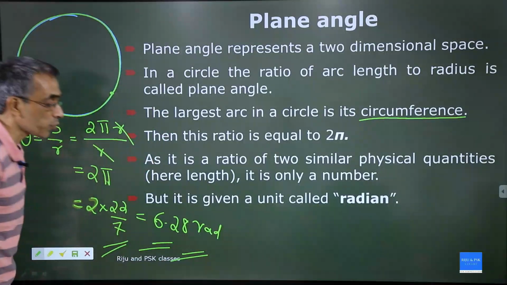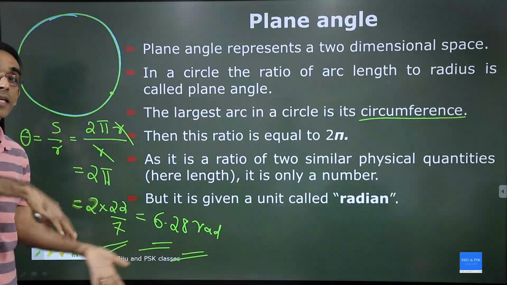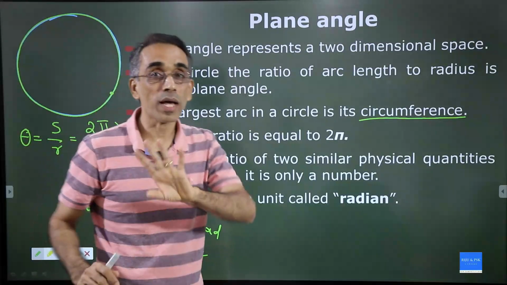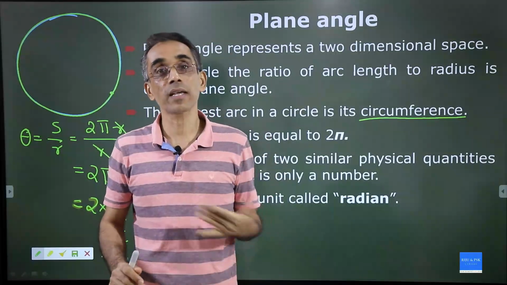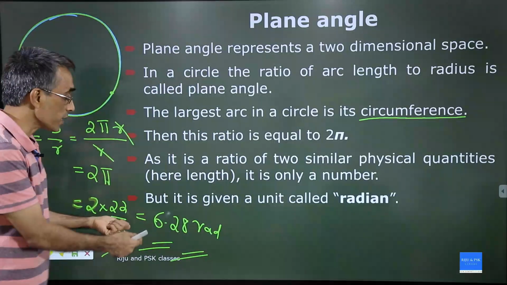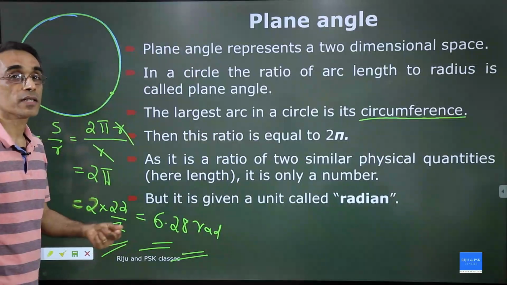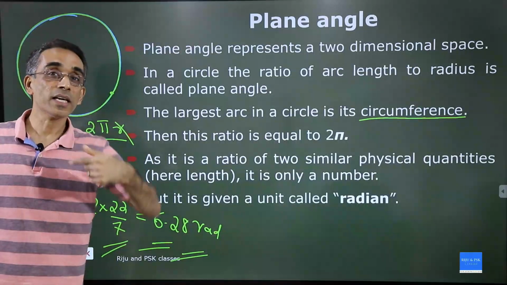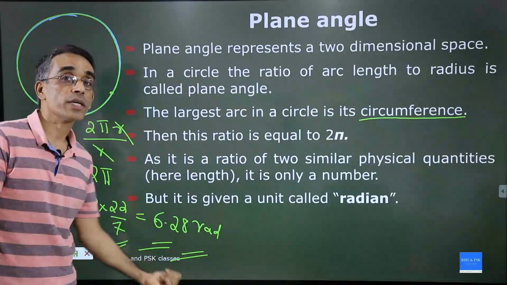So what is the full angle of a circle in radian in our new unit? You know it is 360 degree, but I am not asking about that. In the new SI system, how much is that? That is equal to 6.28 radian. Your 360 degree is my 6.28 radian.